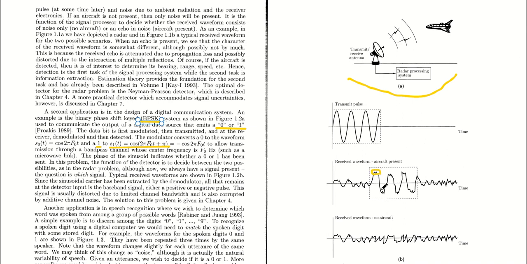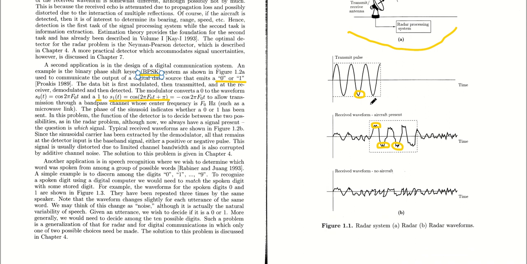As you can observe, it has noise and distortions, so it will be different from the sinusoidal wave that we ideally expect. Also, if there is no aircraft, you will receive just noise. This is the same as the noise here, and this is the major waveform that's reflected back.